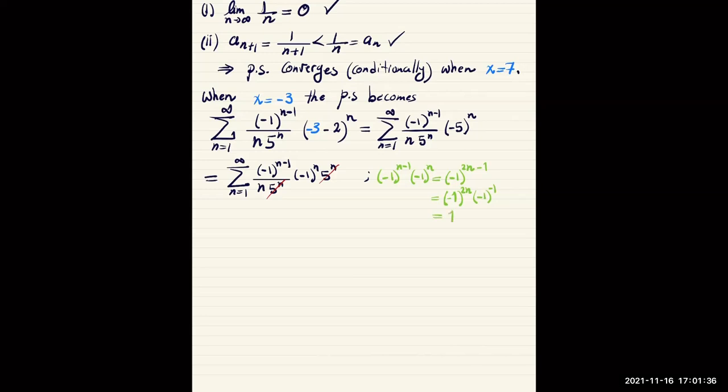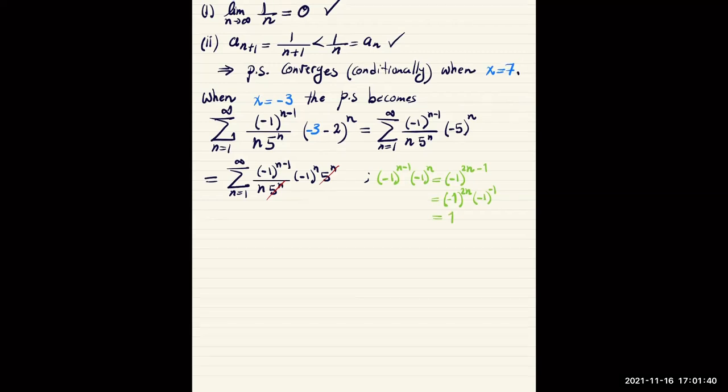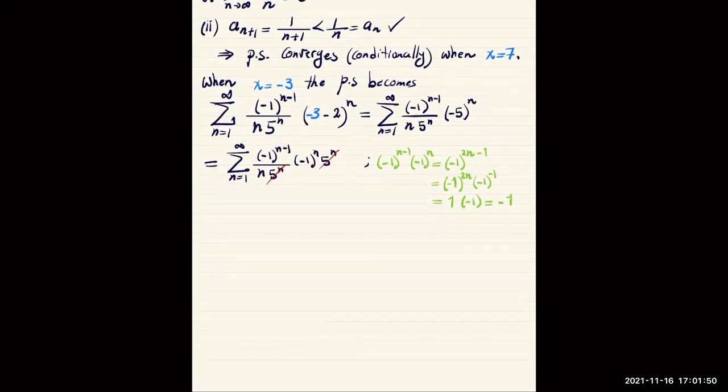And -1 to the power of -1 is the same as 1 over -1, which is -1. So combining these, you get -1. So we have -1 over n. The 5 to the n's are gone.